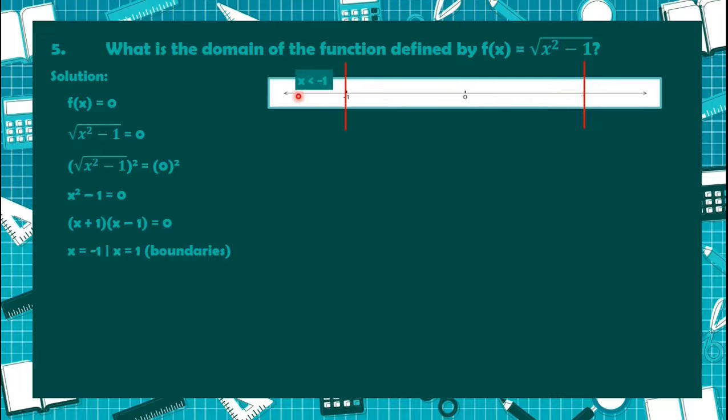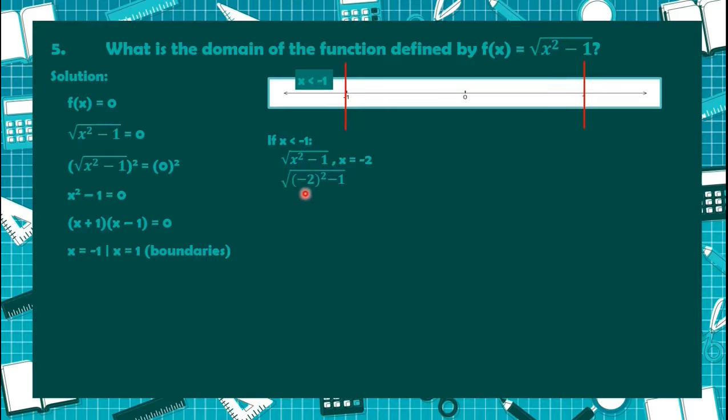We check if the values of x from -1 going to -infinity are a solution for this function, in order for it to output real values, not imaginary or undefined. If x is less than -1, in the square root of x squared minus 1, we let x be -2. -2 is still part of this side.